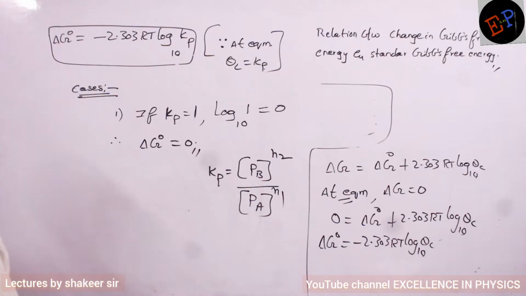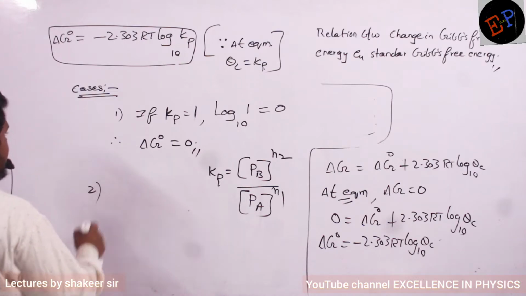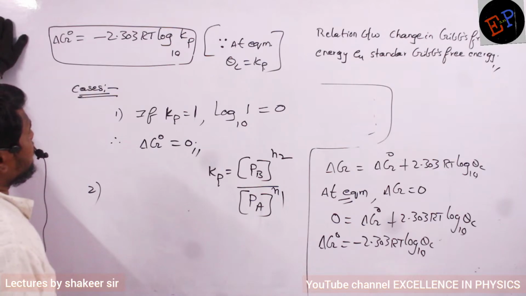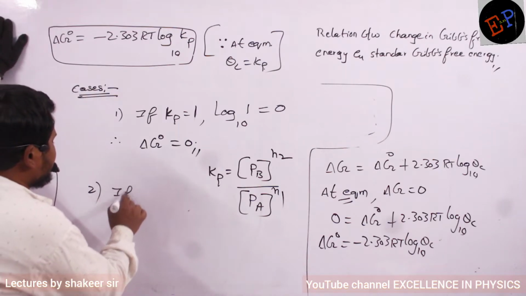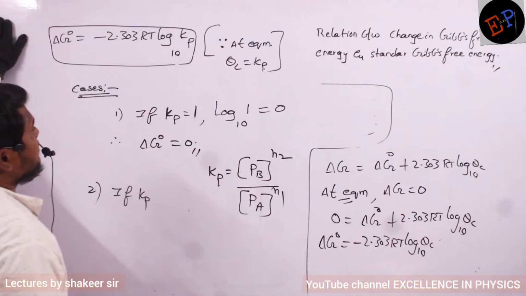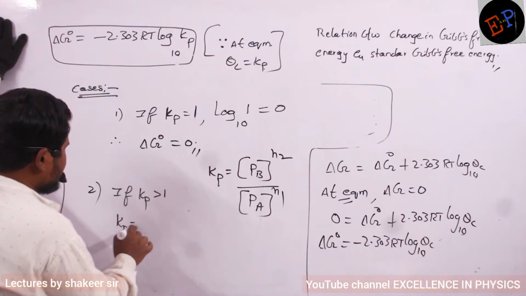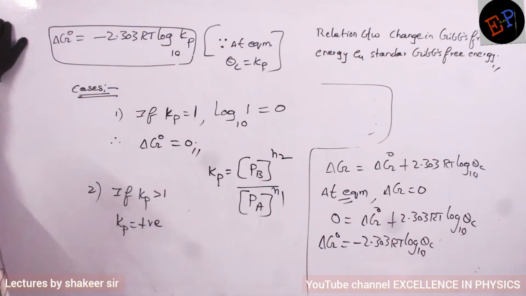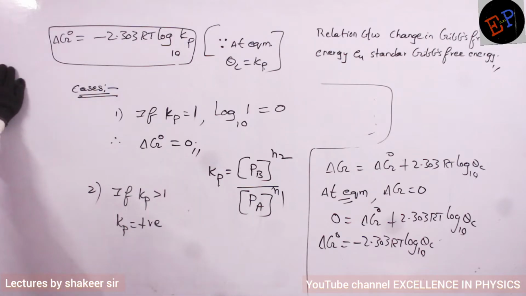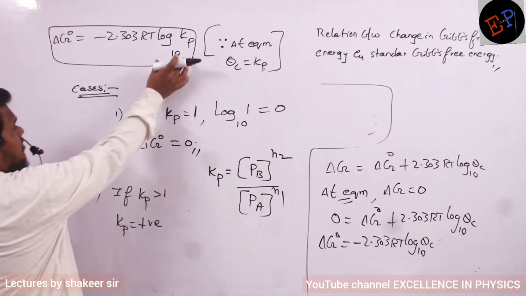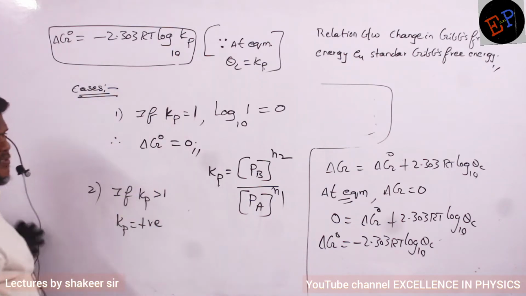Are you able to understand? Now let us take one more case. Case number 2. So if Kp is greater than 1, or you can say Kp is positive, then log Kp to the base 10 also will become positive, no?